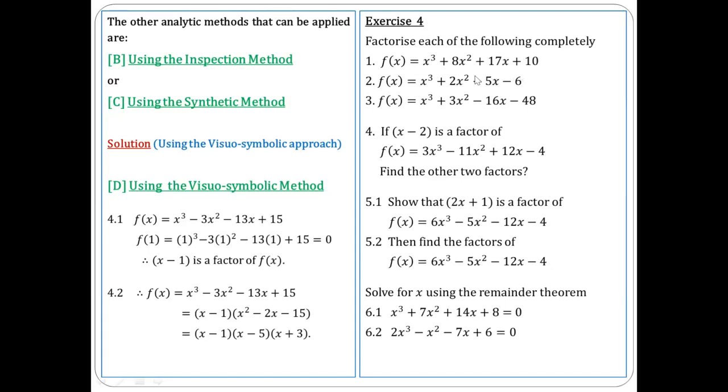So a visual thinker, when you look at this, if you look at the first question, it's x cubed. All the terms are positive. In the second question, some are positive, while the others are negative. Also, the third one has positive and negative terms.